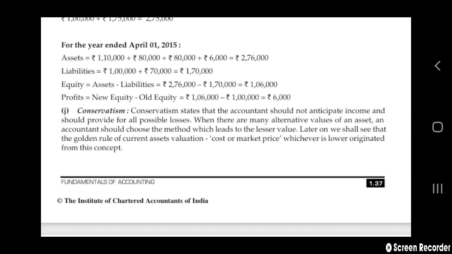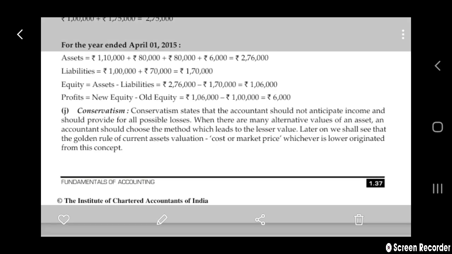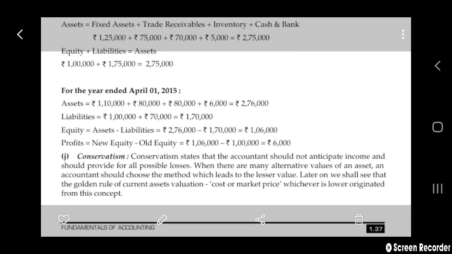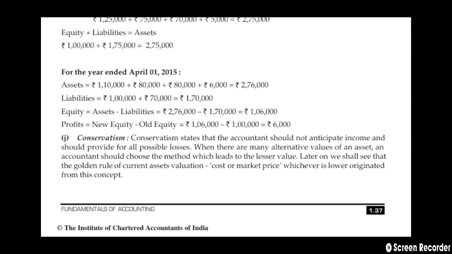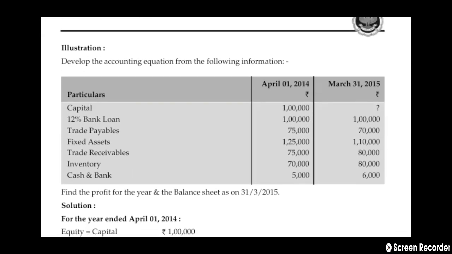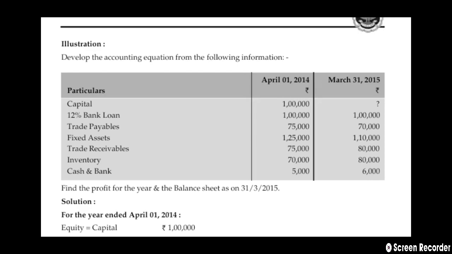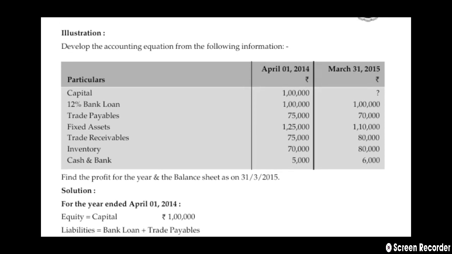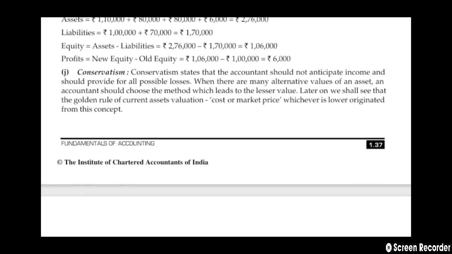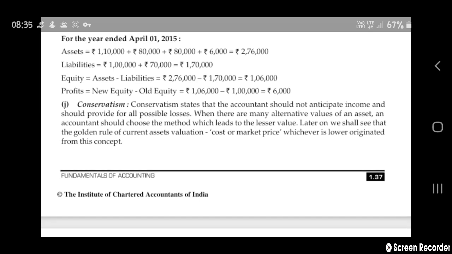So like this you have to explain. This is the illustration. This is how you have to find the profit, how you got it in that balance sheet, and you have to balance that sheet.